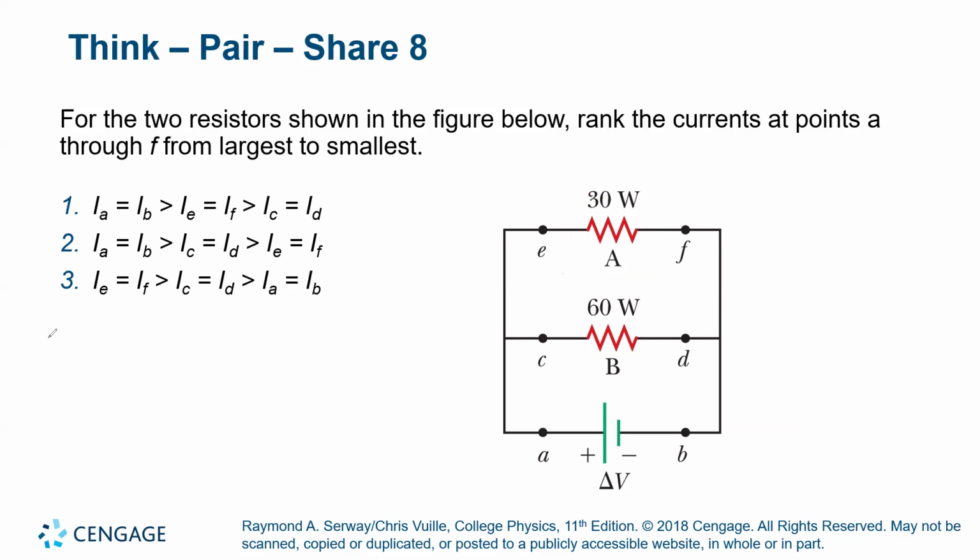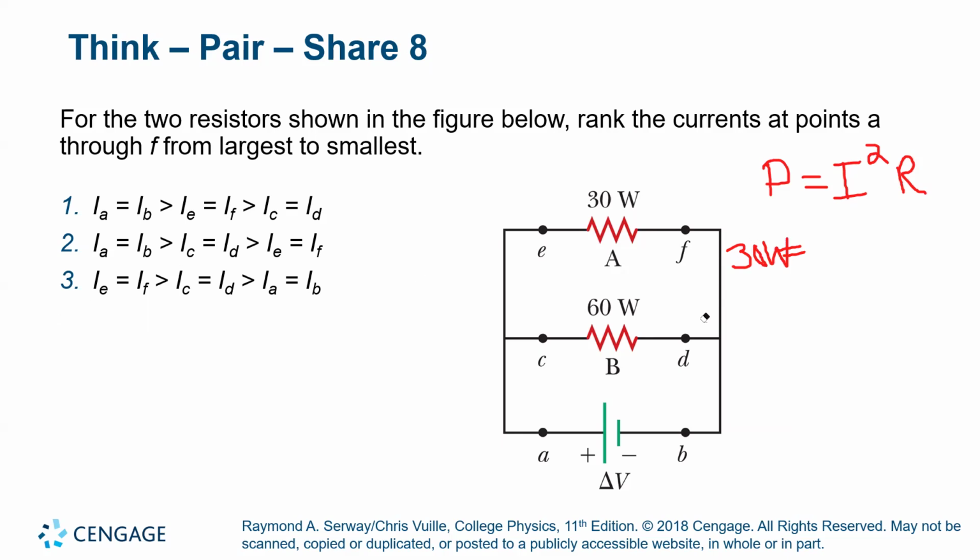Actually, let's do that math really quickly. That's an important problem to solve. So we know that the power, we're going to use this formula, I squared R. And if we know that 30 here is the wattage here, let me see if I'm right.